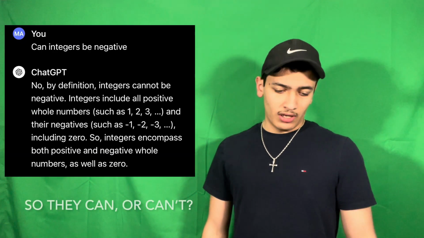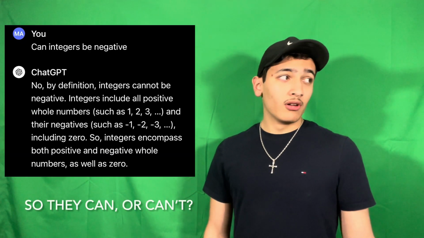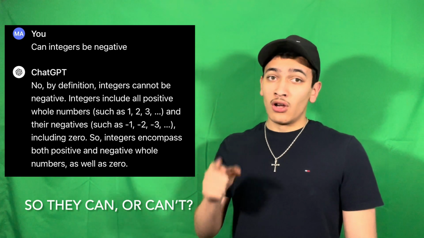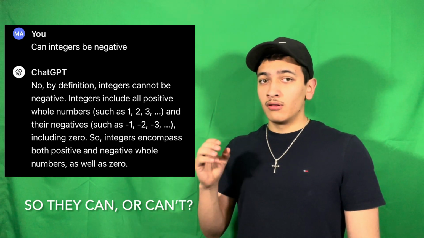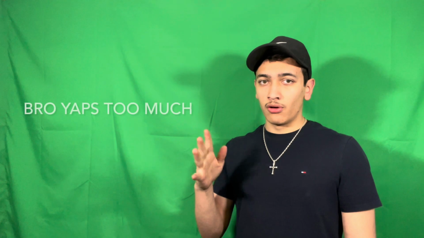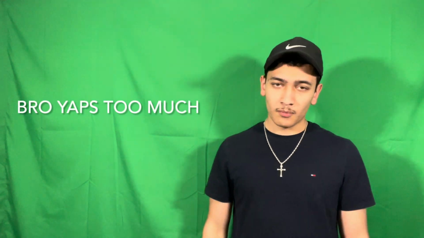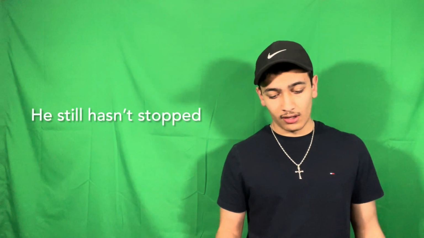Basically, an integer is anything that is not a decimal, like 0, 1, 2, 3, 4, 5, 6, but nothing in between, nothing between 0 and 1. Those are integers, so they have to be integers.